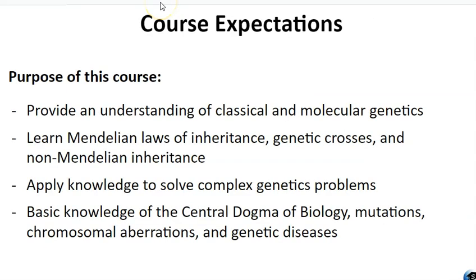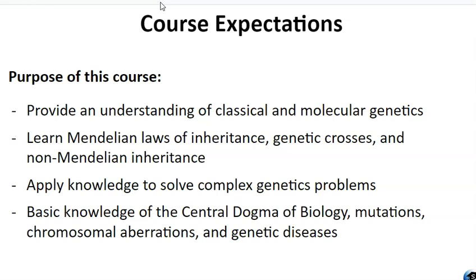The purpose of this course is to provide students with an understanding of the concepts of classical and molecular genetics. Students are going to learn the Mendelian laws of inheritance, so stuff like genetic crosses, and then also non-Mendelian laws of inheritance. The course is designed to help students apply their knowledge of genetics to solving complex problems.